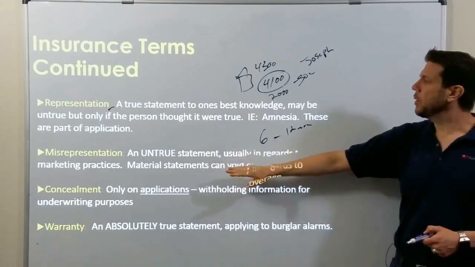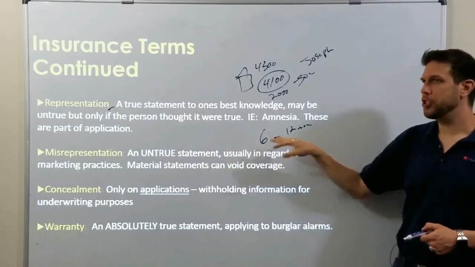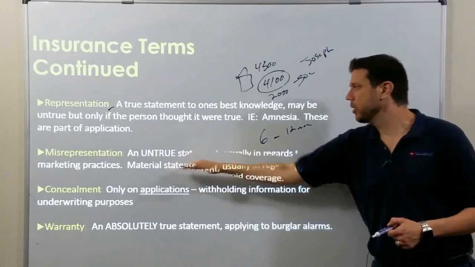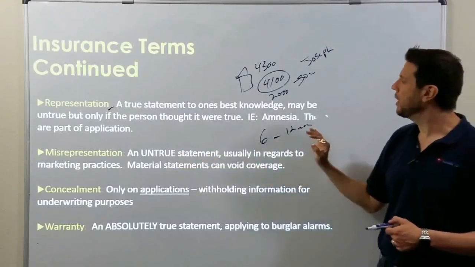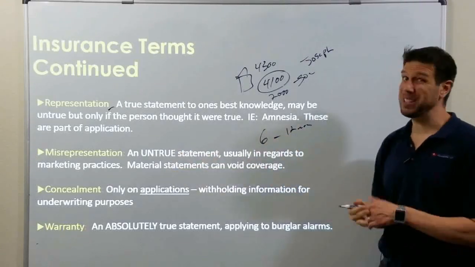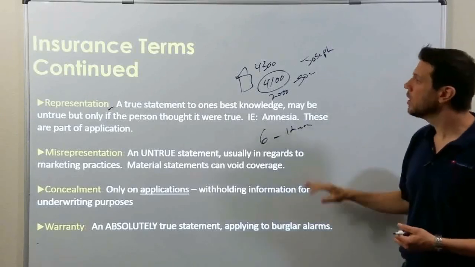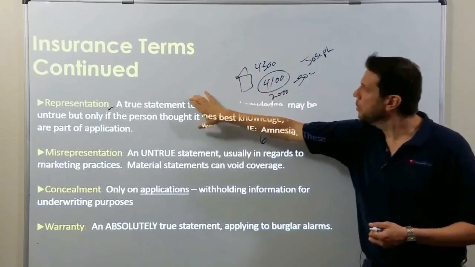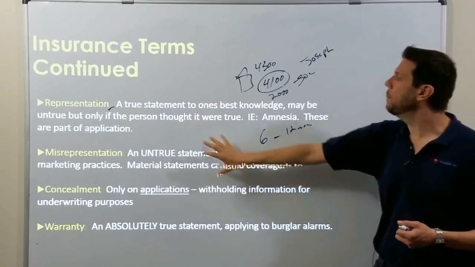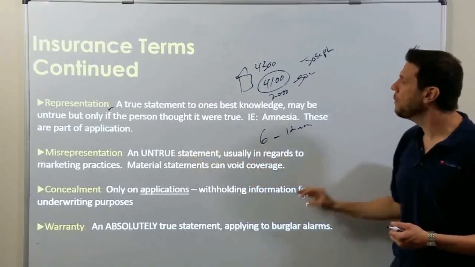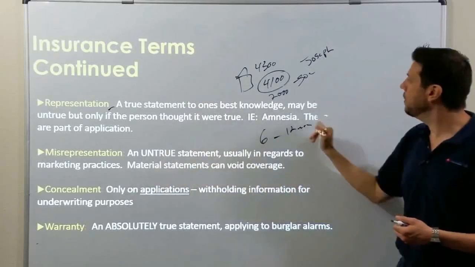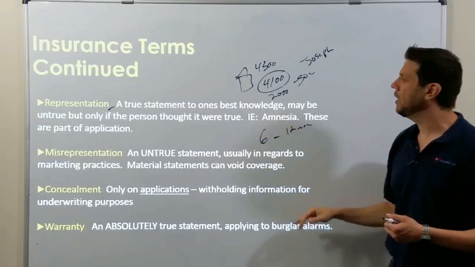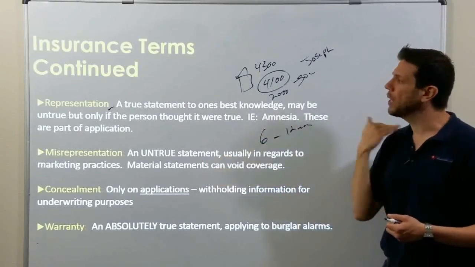The insurance company would void any coverage if they found out that you made a material misrepresentation, because nobody wants to insure somebody with 6 accidents in 12 months. So representations are true. We treat them as if they're true. Misrepresentations are untrue. If it's material, meaning that it would change the outcome of the policy, the insurance company can void that policy.